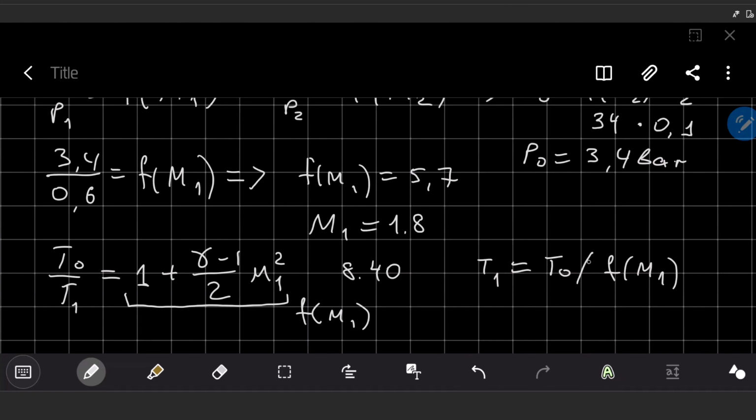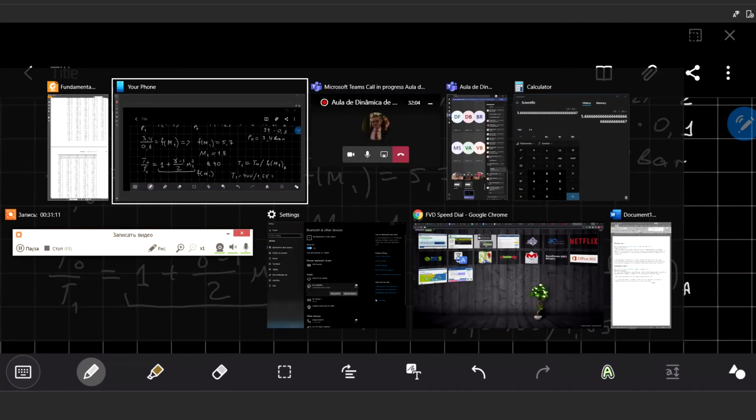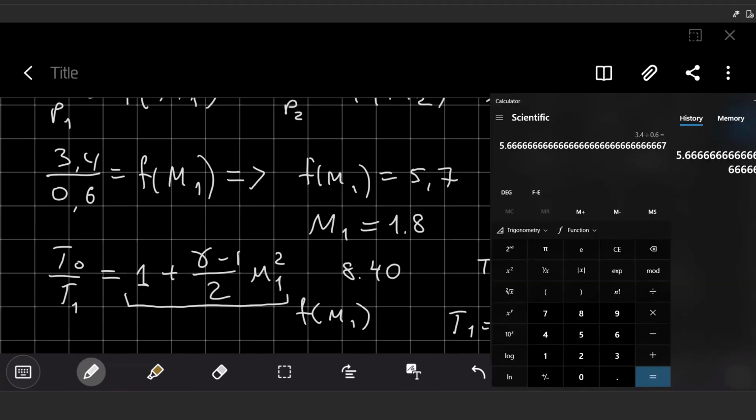And instead of calculation of this function, I will just take the value from the Appendix A. And the temperature ratio is 1.65 approximately. So my T1 would be equal to 400 divided by 1.65. And now I will calculate how much is the value.